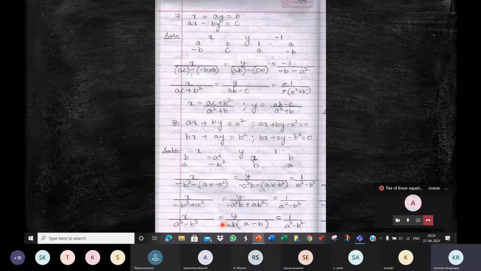If I didn't take out a minus there, what will you get inside the bracket? Minus a plus b, ma'am. Minus a plus b. Minus a will be the first term and the second term will be plus b.